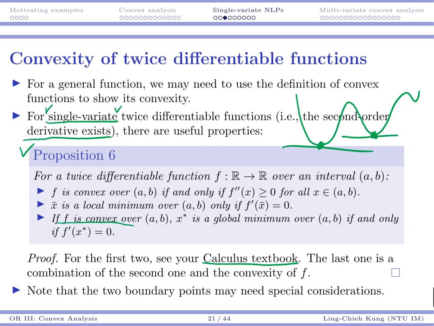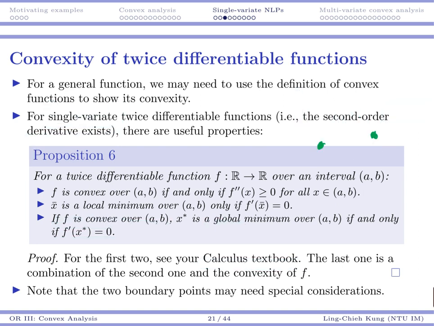So if f is convex, then this condition gives us a local minimum, which implies a global minimum. And also, a global minimum must be a local minimum, and a local minimum must satisfy the first order derivative equaling 0. Alright, so this illustrates how proposition 6 may be applied.